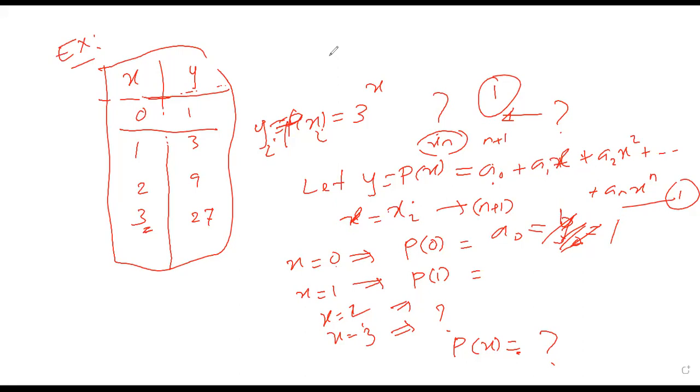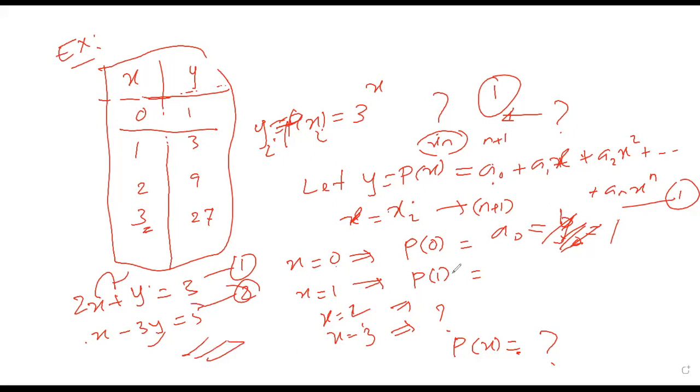For example, if you have 2x plus y is equal to 3, x minus 3y is equal to 5, how to solve it? It's a simple thing, no? You can multiply this one by 2 and subtract, and you can find the y, then substitute the y in equation number 1. That's the process here.